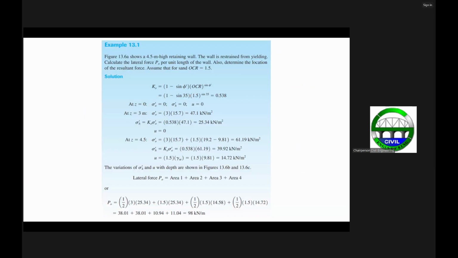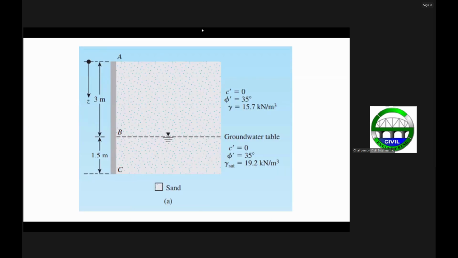We have here an example taken from your book. Consider a 4.5 meter high wall, wherein the groundwater level is around 3 meters from the ground surface, which is horizontal, and the bottom of the wall is at 4.5 meters.